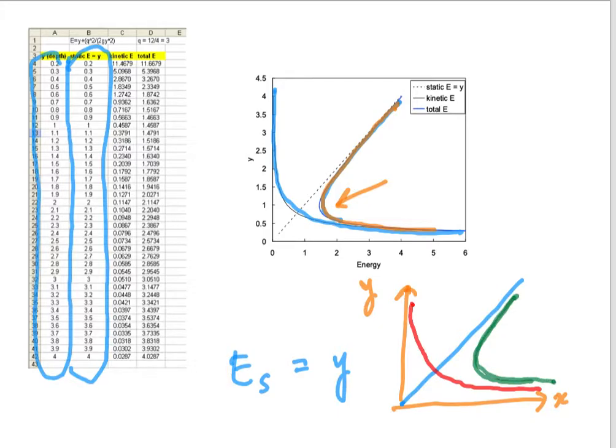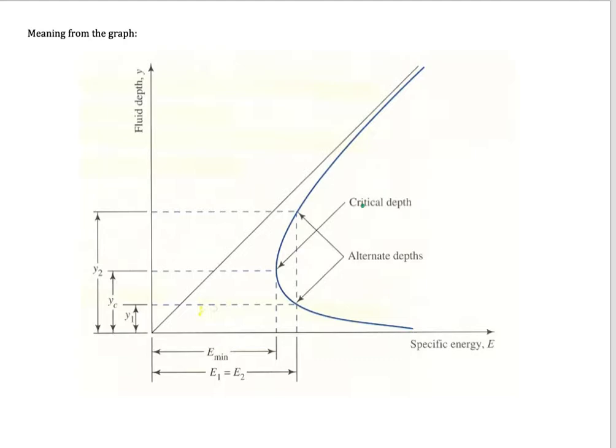If we see this graph, we will find that at one point here, it only occurs when the critical depth is at YC. There is only one value of YC that will give us this value, and this value is the minimum value of the specific energy.